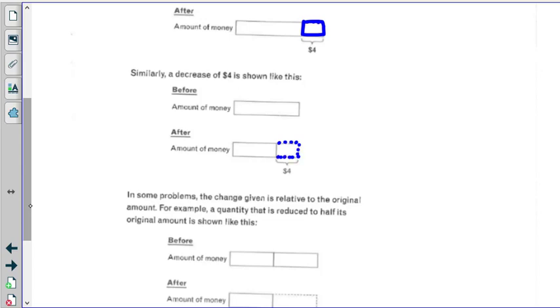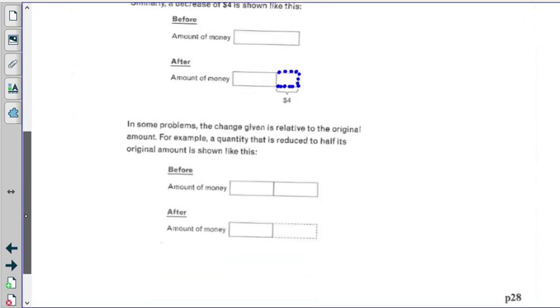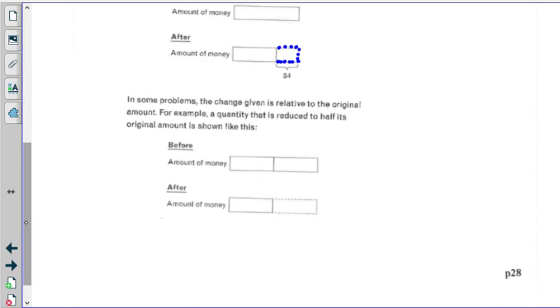It was cut off or taken away. In some problems, the change given is relative to the original amount. For example, a quantity that is reduced to half of its amount could look like this. So you draw it as 2 bars and you take one of those bars away. Now what's left is 1/2 of it.